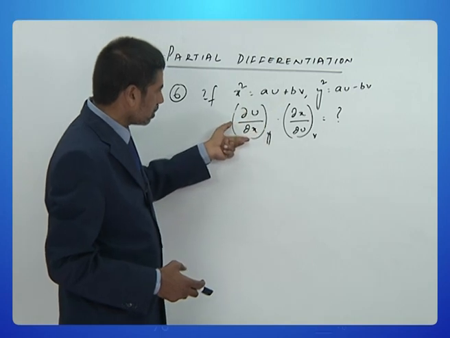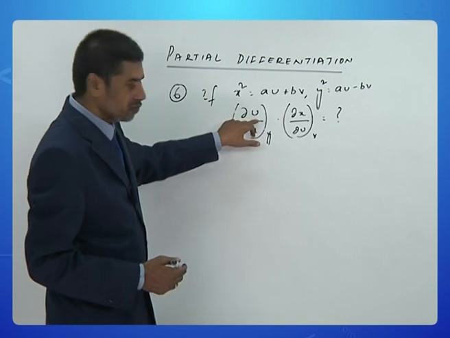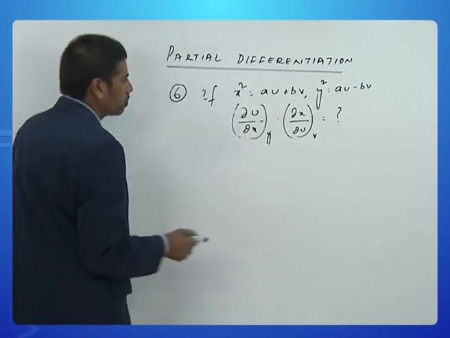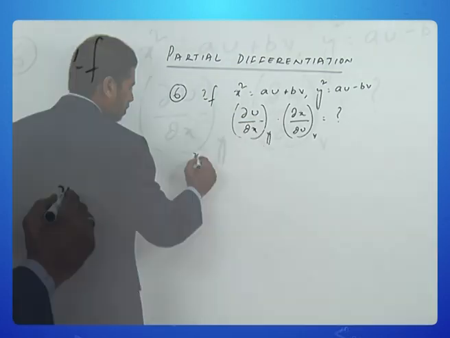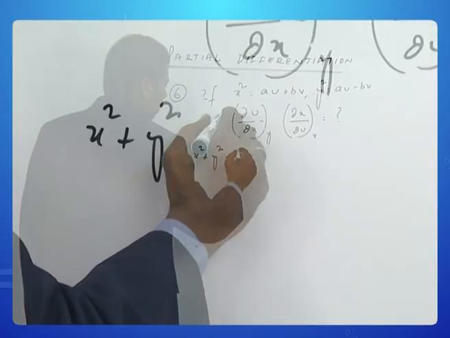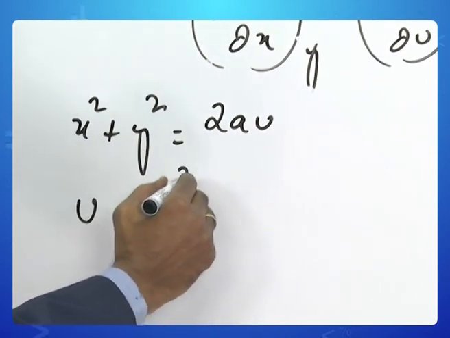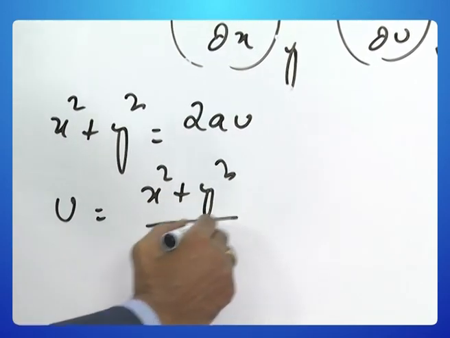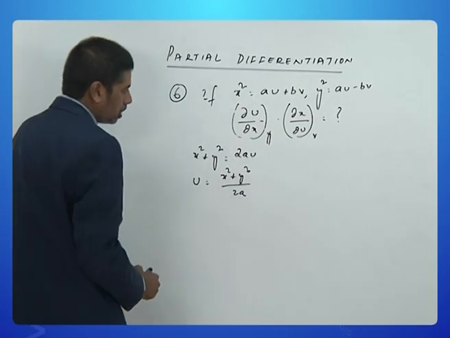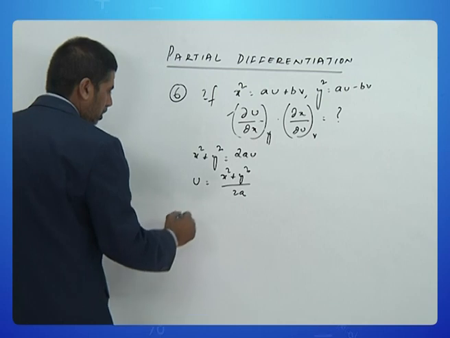But for the first part of the solution, we have to first derive an expression for u. So if you add the two expressions, x squared plus y squared is equal to 2au. So u is equal to x squared plus y squared by 2a. So now we can find this derivative.